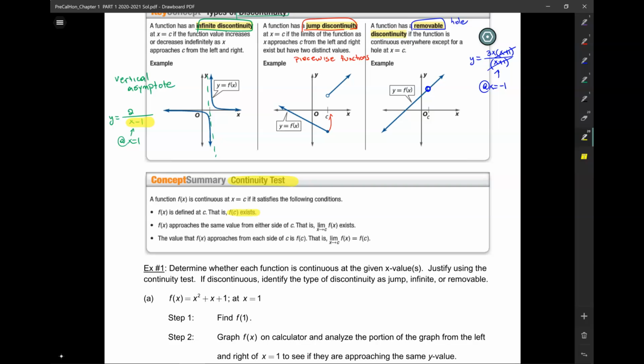Fine. Second, the limit has to exist. So you have to get the limit equal to some number, 0, 1, -2, not DNE. Third, that limit has to be equal to f of c.